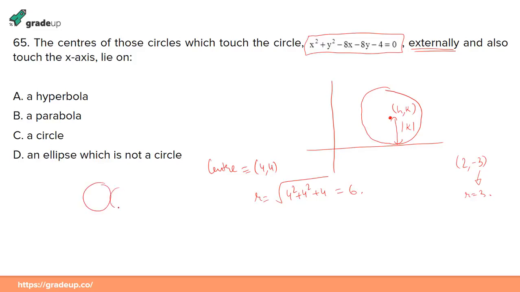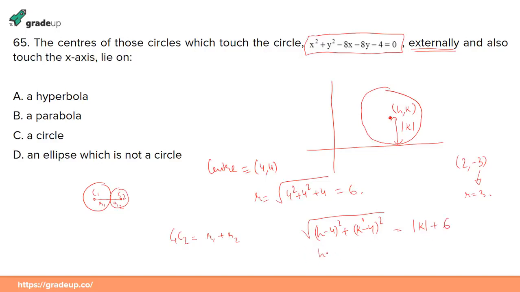If two circles touch externally, we know the condition that the distance between the centers is equal to the sum of the radii, so C1C2 is equal to R1 plus R2. The distance between the centers will be square root of (h minus 4) square plus (k minus 4) square, and this will be equal to modulus k plus the radius, which is 6.